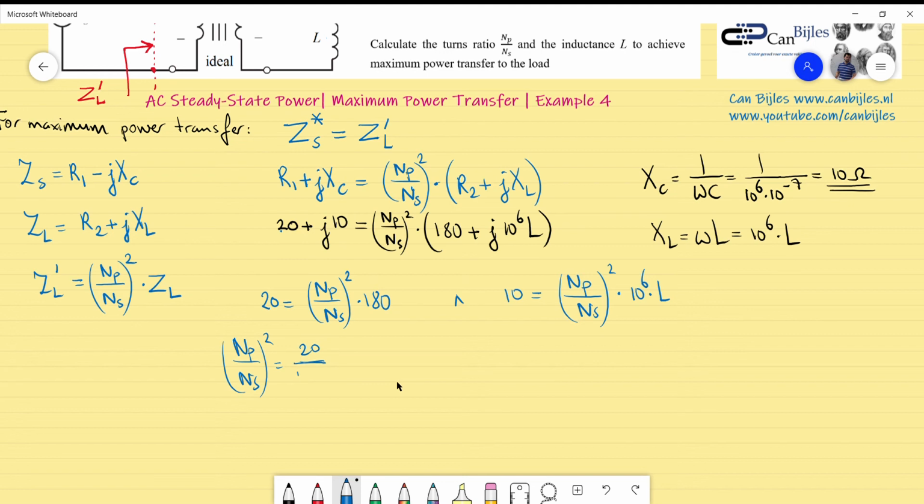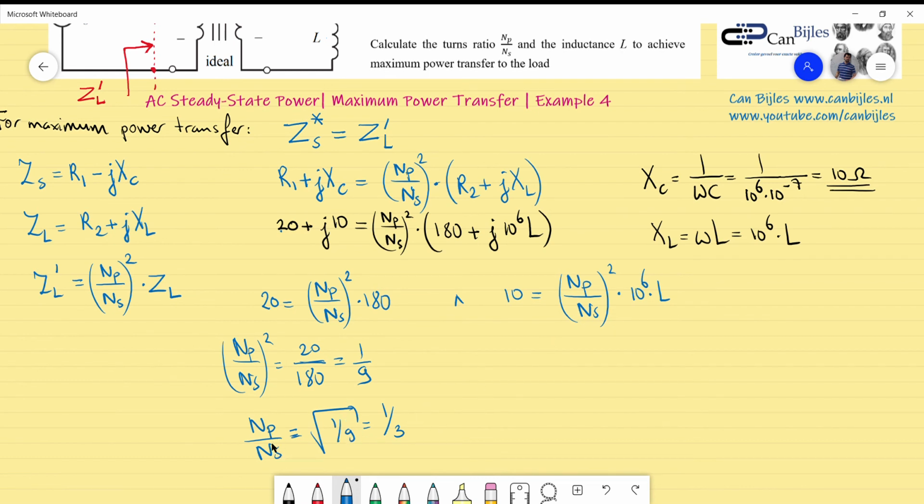So 20 over 180, this will be 1 over 9, so 1/9. So if I take the square root of that, I will have 1/3. So this is 1 over 3. Okay, I already have the expression for NP divided by NS.